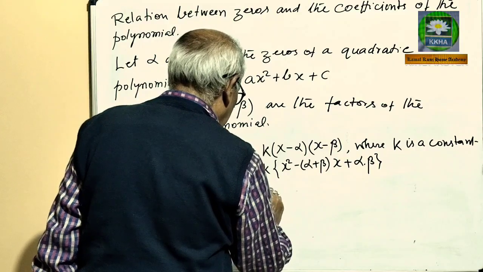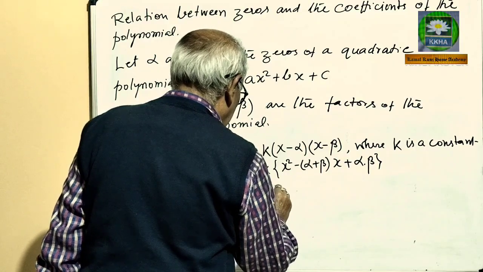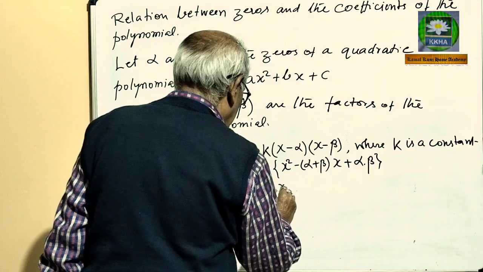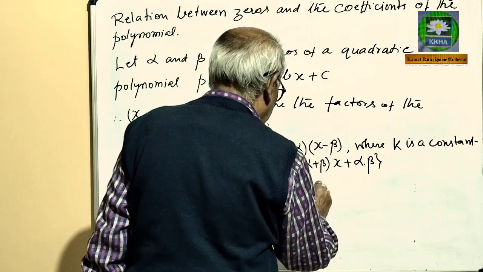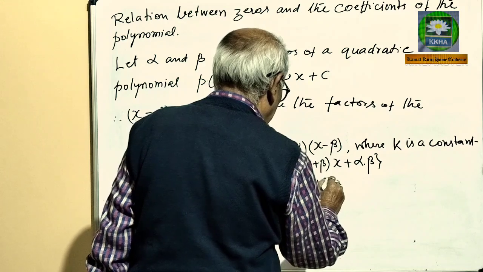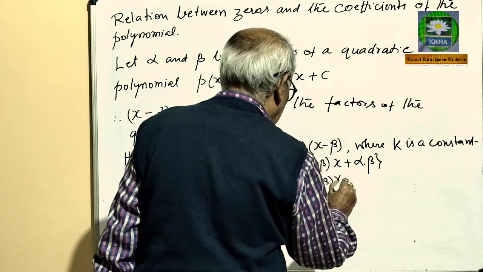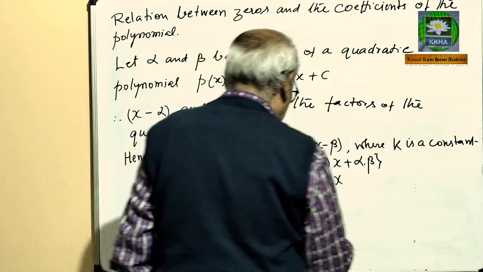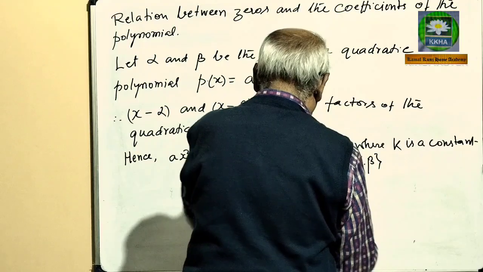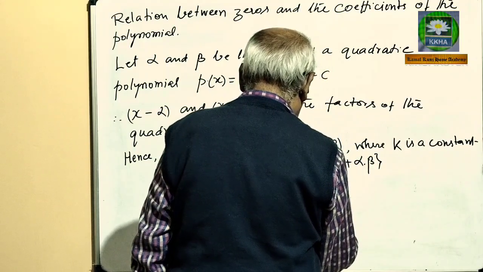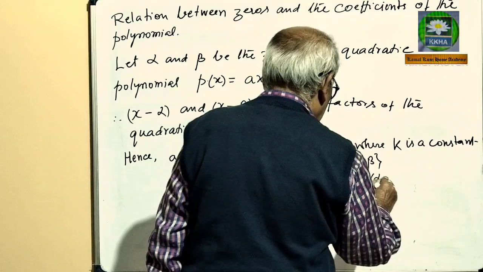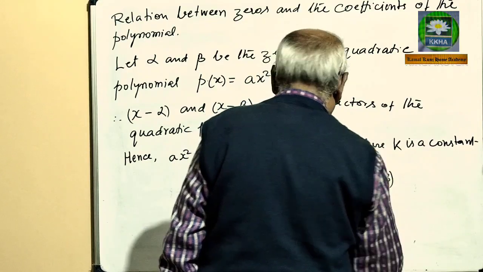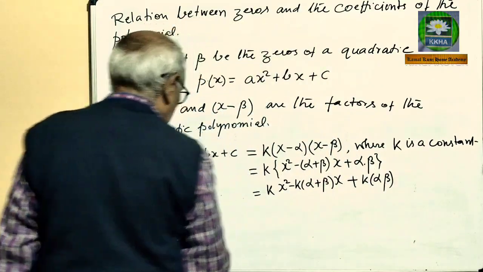This is equal to kx square minus k into (alpha plus beta) x plus k into alpha beta.